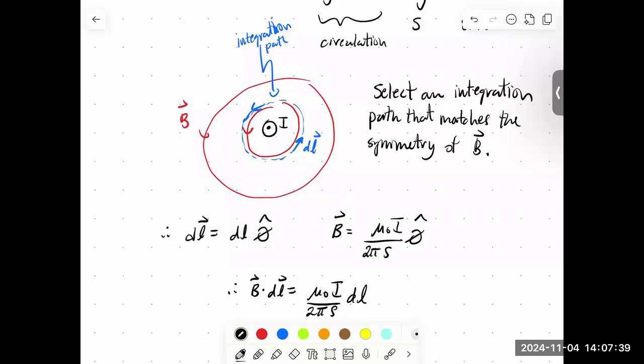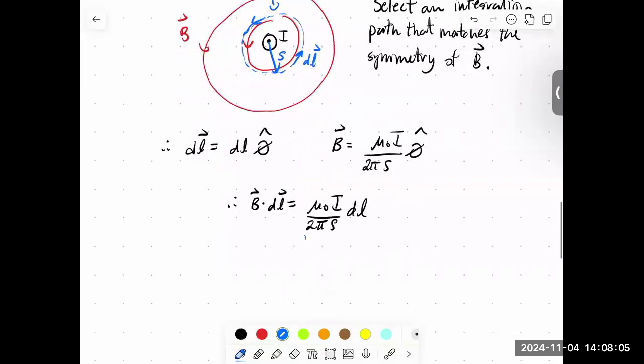Now, if we make the additional assumption that the current is constant, s is the distance from the current to my integration path. Because I've centered my path on the current, s is a constant everywhere along my path. And so all of this stuff is a constant on our chosen integration path.